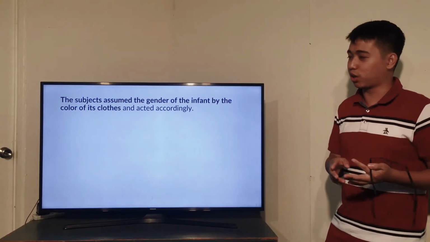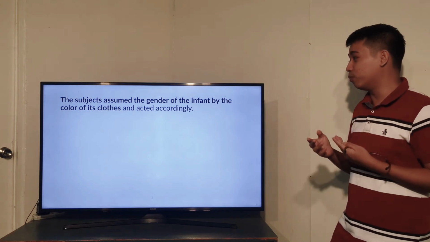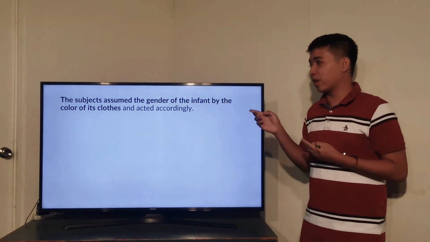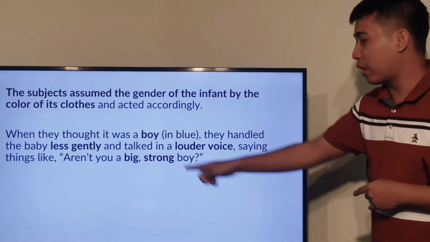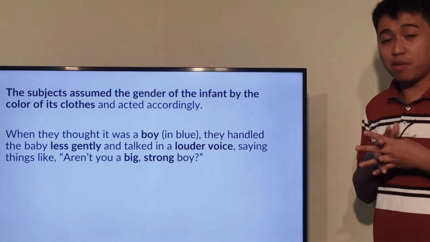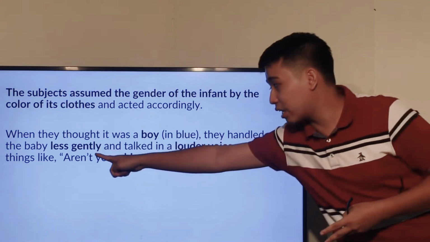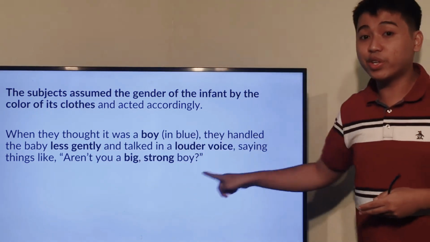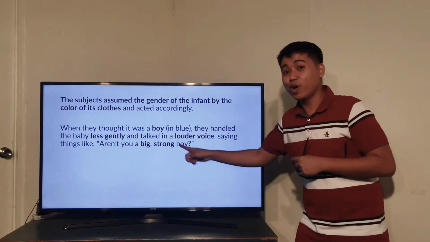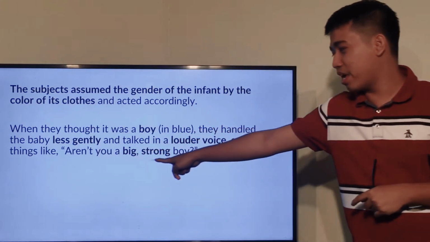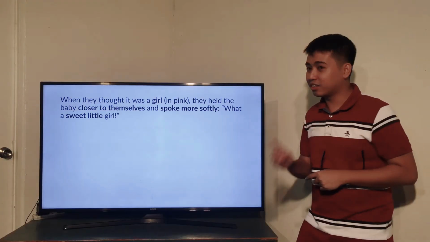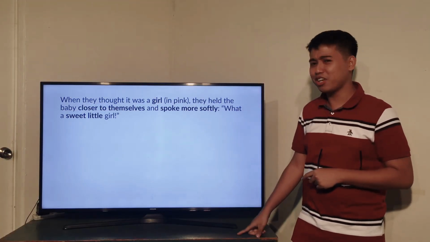The subjects assumed the gender of the infant by the color of its clothes and acted accordingly. Kapag lalaki, hinawakan ni baby less gently and talk in a louder voice. So, aren't you a big, strong boy? Rising intonation, ha?